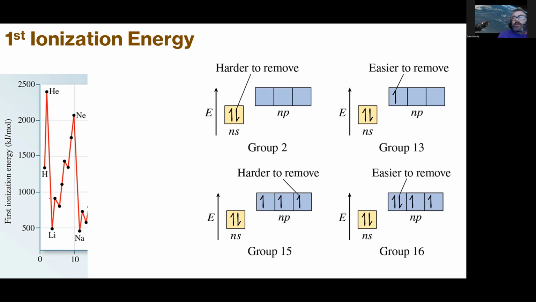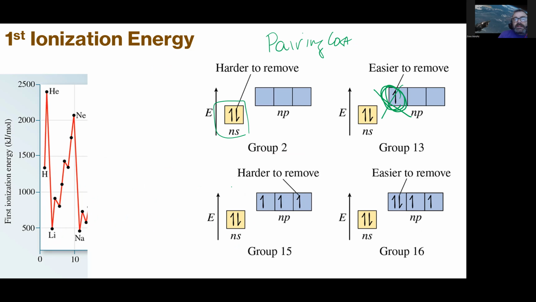This is where we have to worry about pairing cost. If you have an electron that's loose on its own, it's very easy to get it to leave because you're going to get back that energy. If the electrons are paired up, it's going to be more difficult to remove.